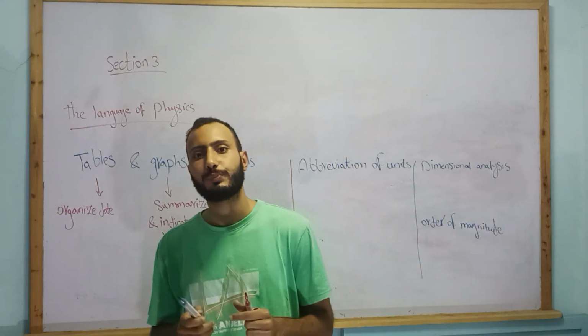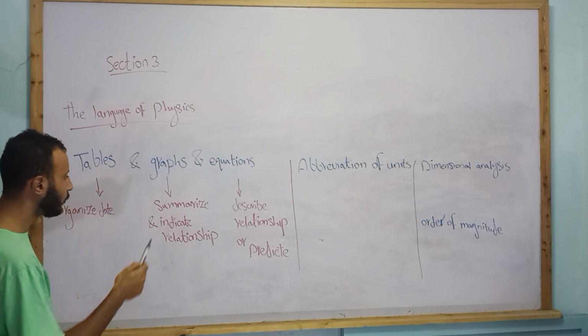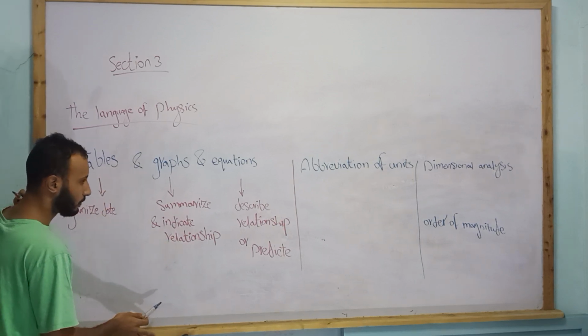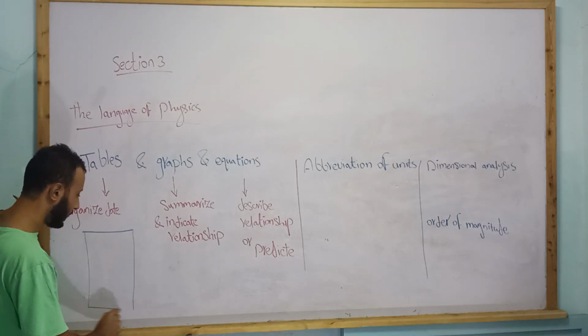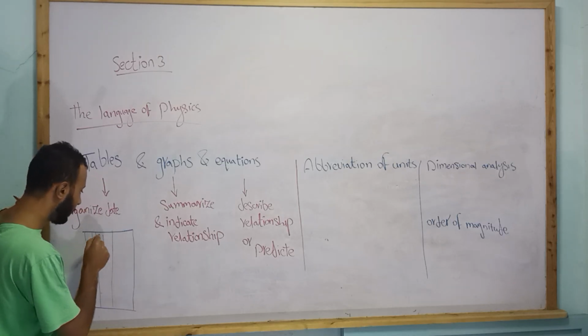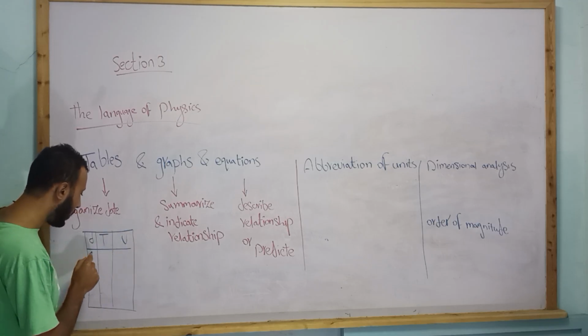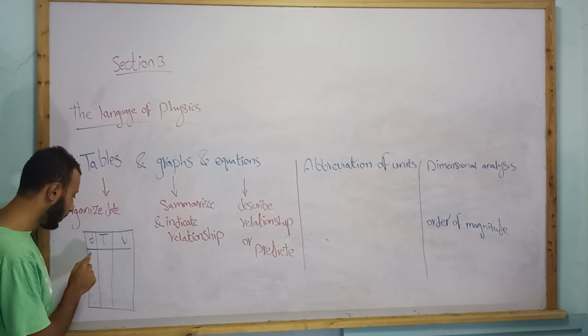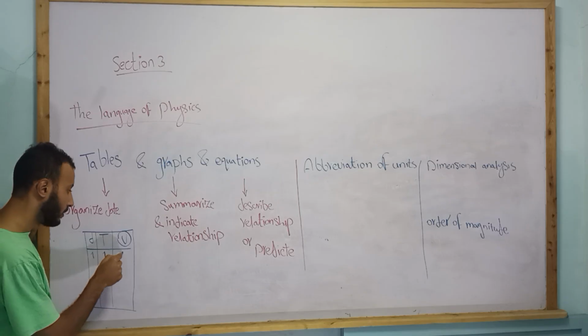Okay. So why do we use, for example, tables? If you just make a table like this one, this table consists of distance, time, and velocity. When the distance was, for example, 1, and time was also 1, the velocity is 1.